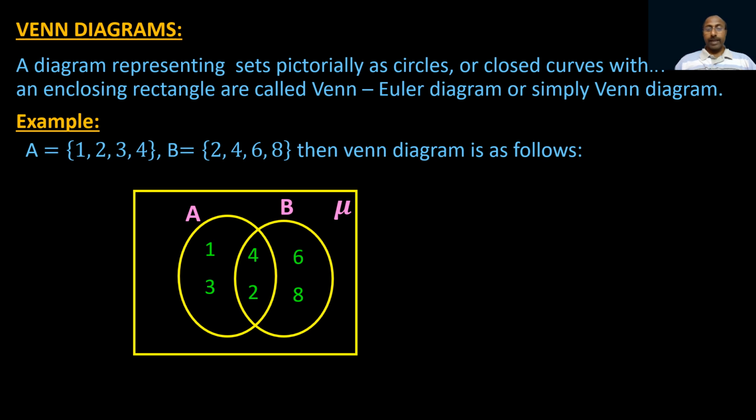So the elements present only in A are 1 and 3, the elements present only in set B are 6 and 8, and the elements present in both A and B are 2 and 4. So simply we can explain the nature of sets A and B using Venn diagrams.